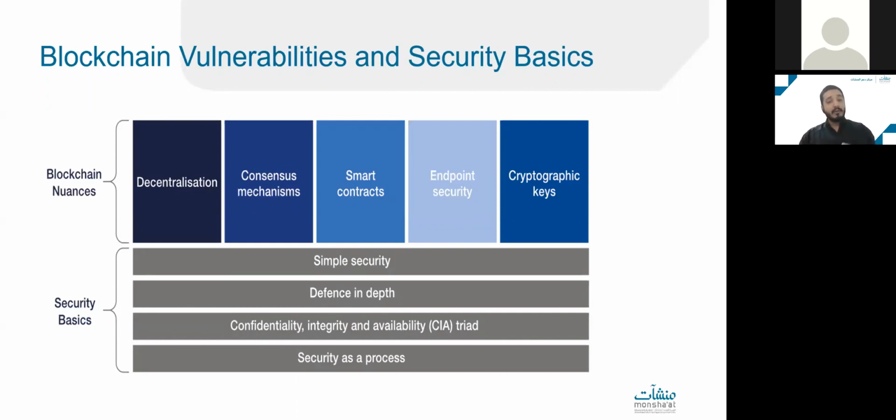Now coming to the most important thing, which is confidentiality, integrity, and availability. This CIA triad is the most fundamental concept of security. When we're talking about security controls or measures within the security realm, they should satisfy these three fundamental parameters.